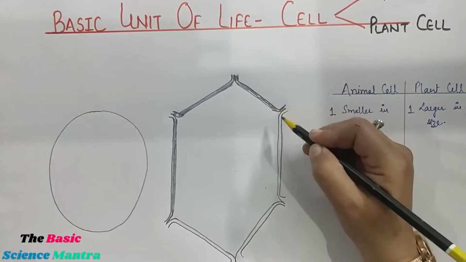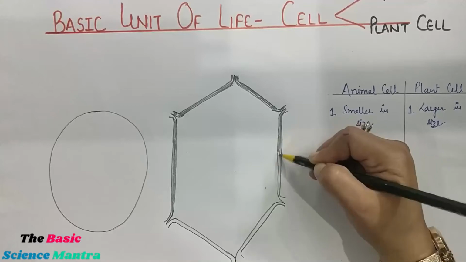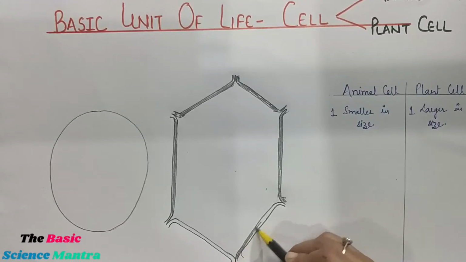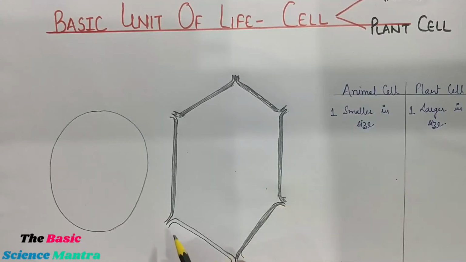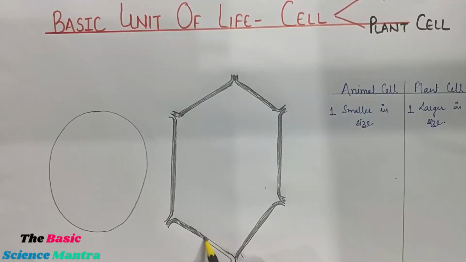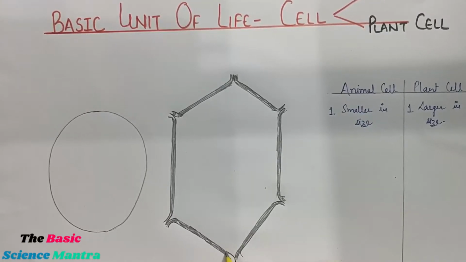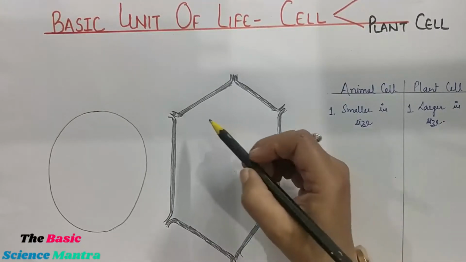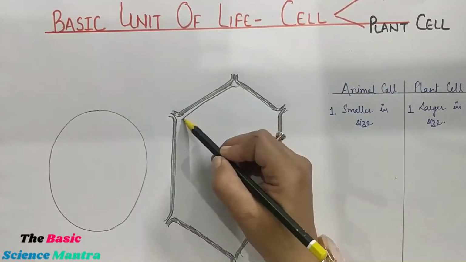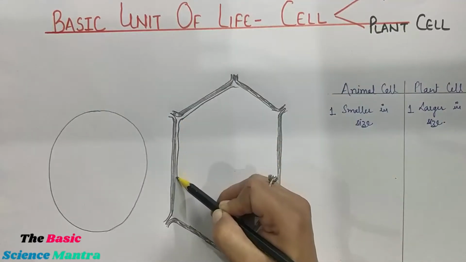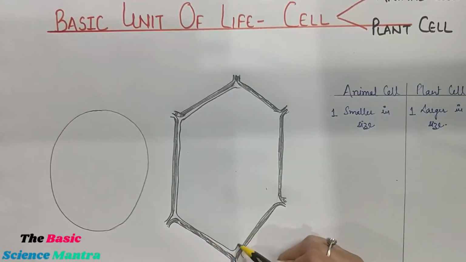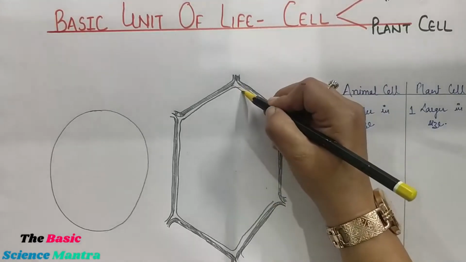So this is the second difference between the animal cell and the plant cell. That is, the cell wall is present in plant cell and it is absent in animal cell. We have shaded it. Now, I'll draw one more layer and that layer is called the plasma membrane or cell membrane. That means plant cells are more protective because they have two protective coverings, cell wall and cell membrane.